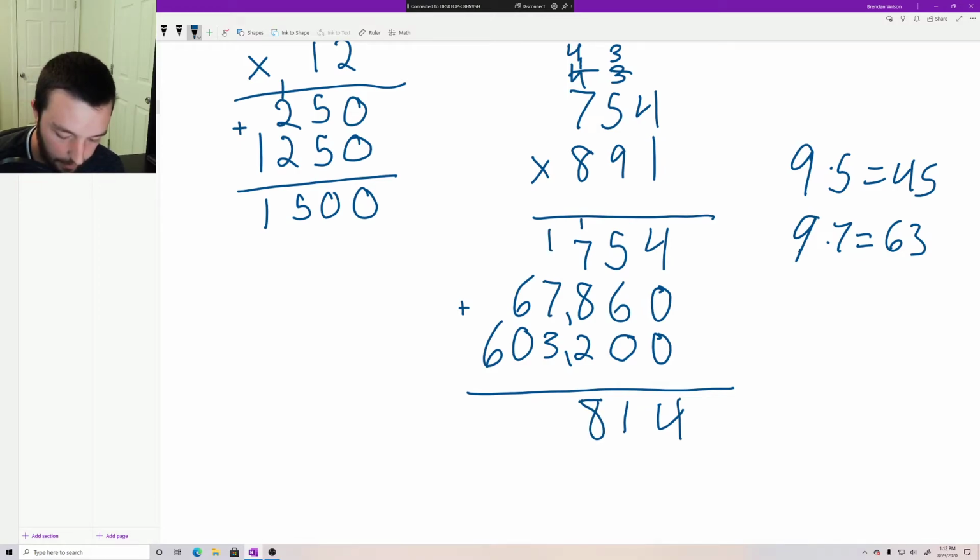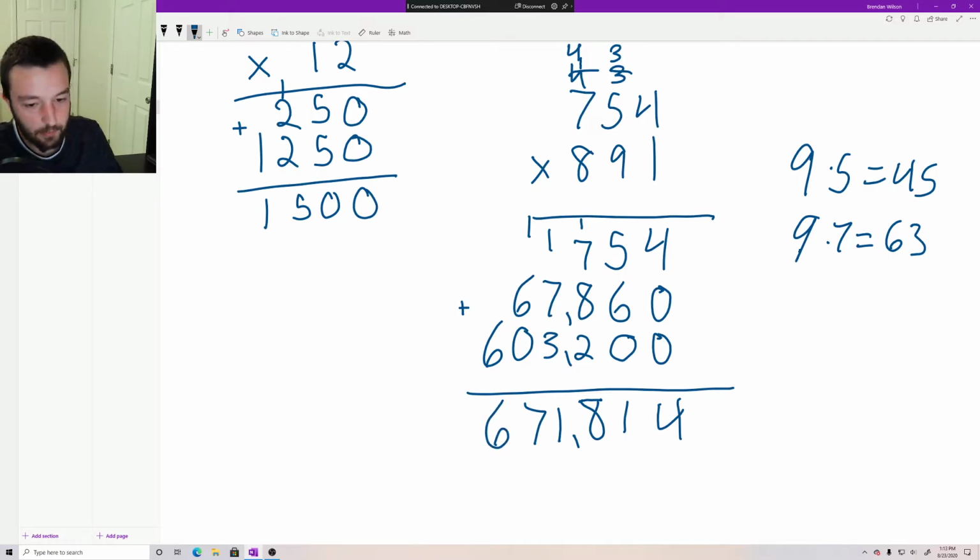Okay. 7 plus 1 is 8, plus 3 is 11. You can also carry the comma down. 1 plus 6 is 7, and then we just have 6 here to get 6. So we have 671,814.